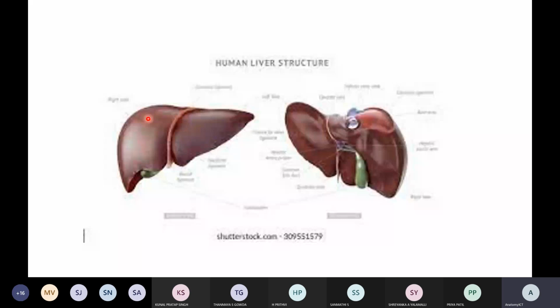So you can say anterior superior border, or right anterior border.